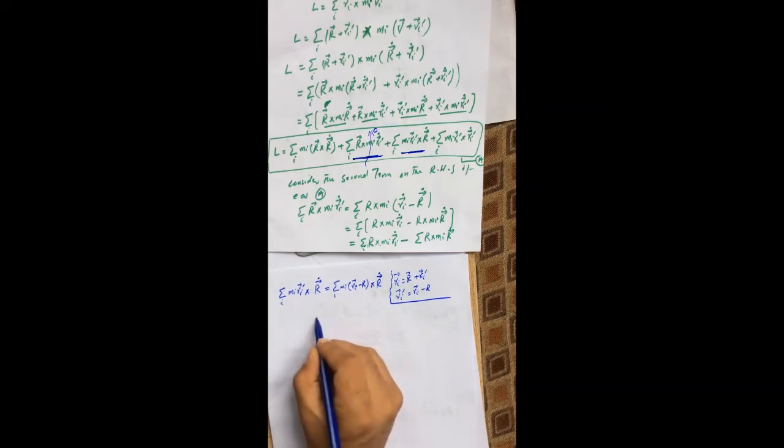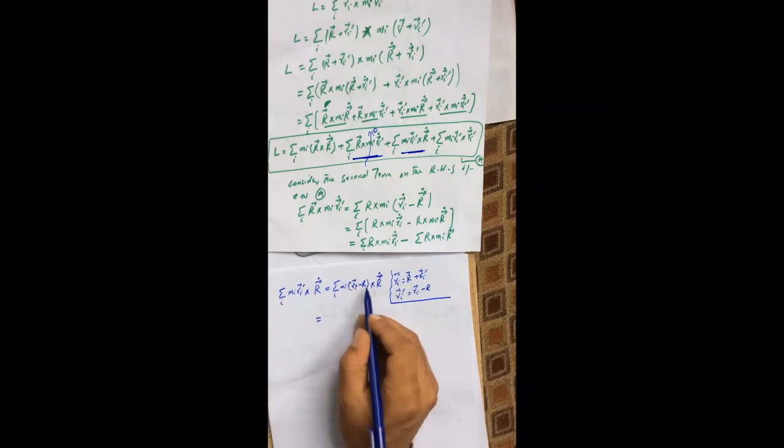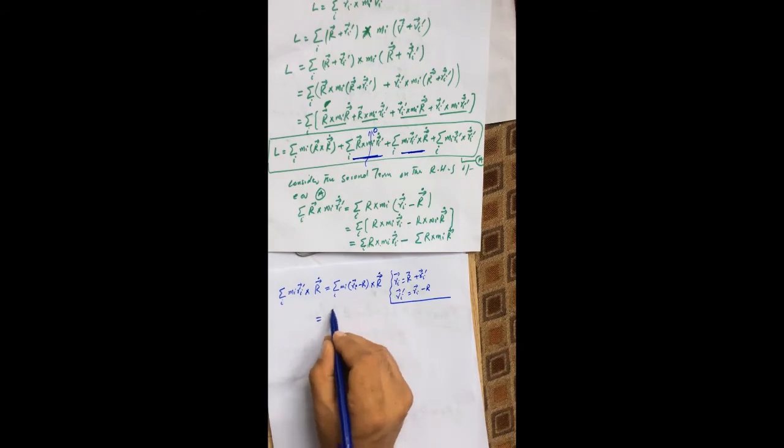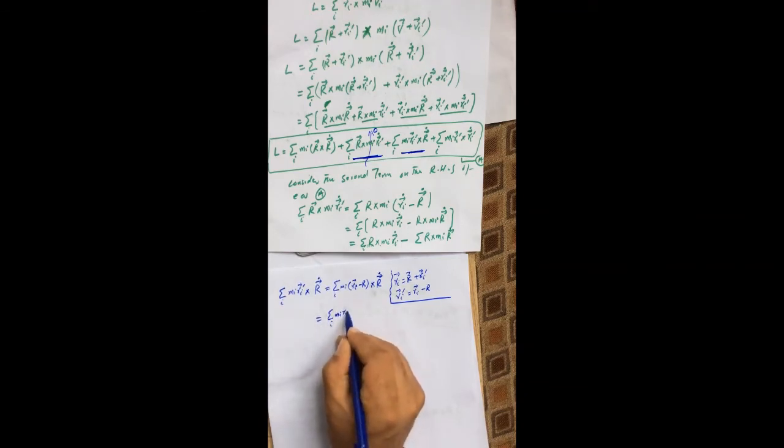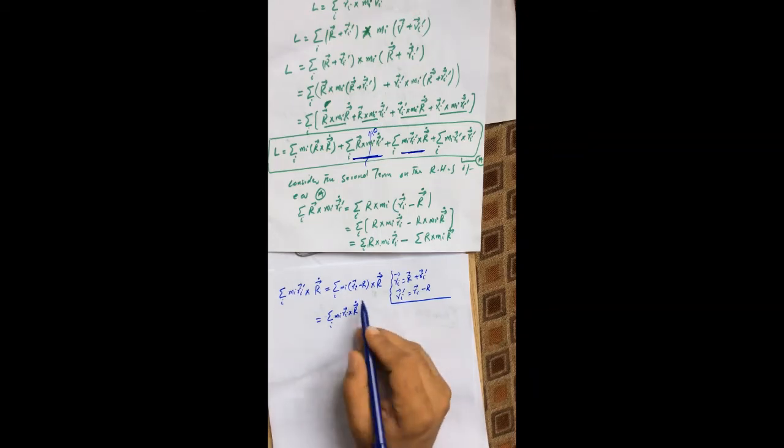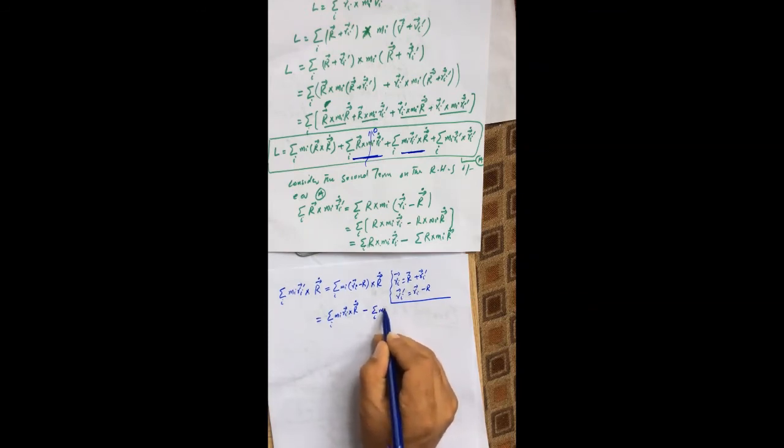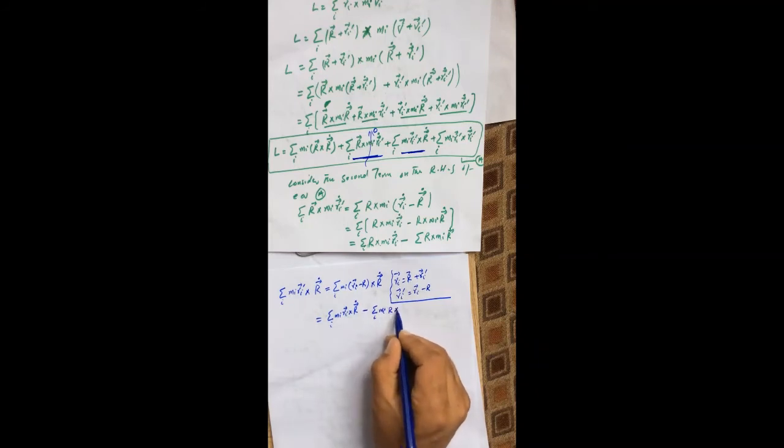Now this will be equal to, I will apply this cross product to each term individually. So we have this sum over i of mi Ri cross R dot, and then we have this term minus sum over i of mi R cross R dot.